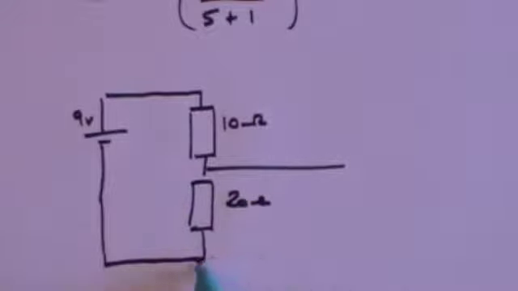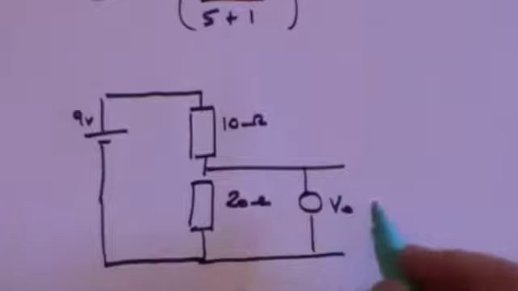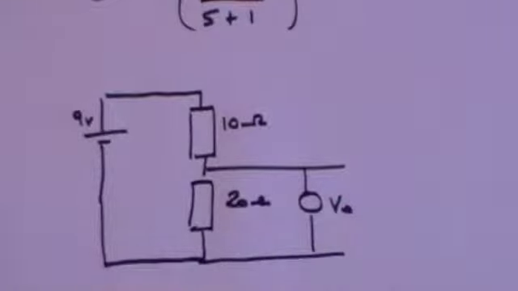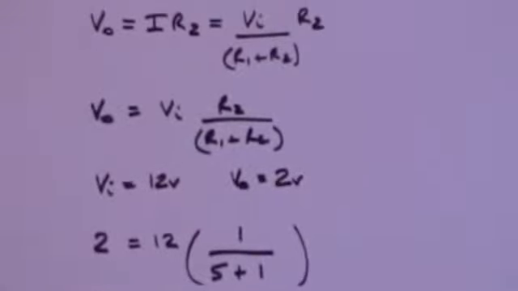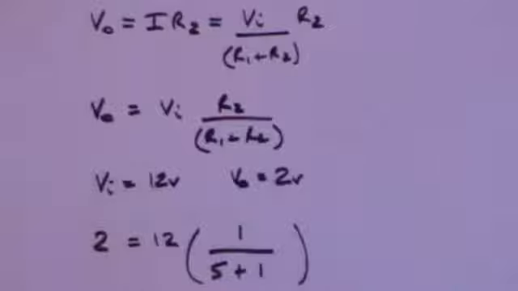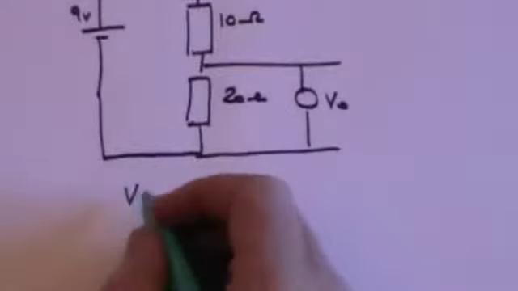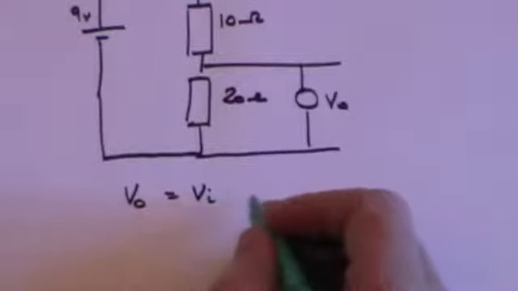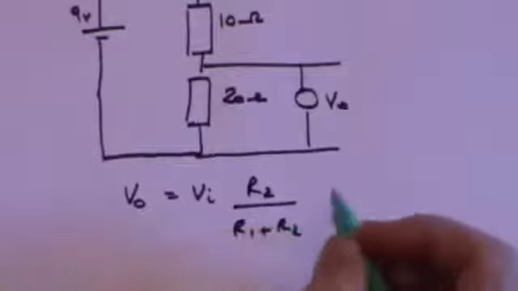We take the output across the 20 ohms, and I want to know what is that output voltage. Well, we go back and remember what the formula was. Output voltage is input voltage times R2 over R1 plus R2. So I'll just rewrite that. Output voltage is input voltage times R2 over R1 plus R2.